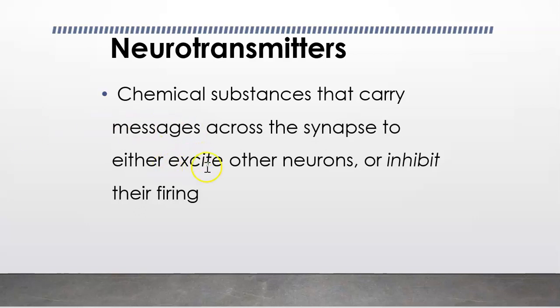So when you excite another neuron, what we're talking about is causing the other neuron to fire, so it will create action potentials. When we talk about inhibiting firing, then that's for cells that constantly fire. So what we're doing is we're telling the cell, okay, you can stop firing now.